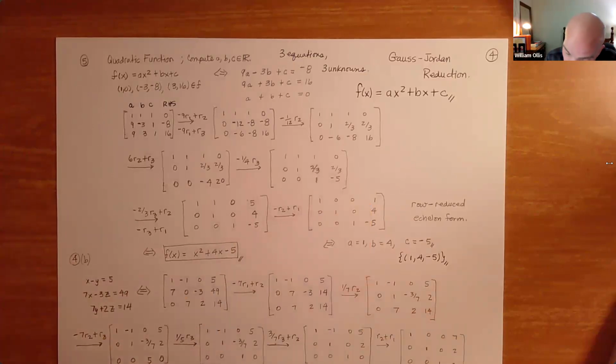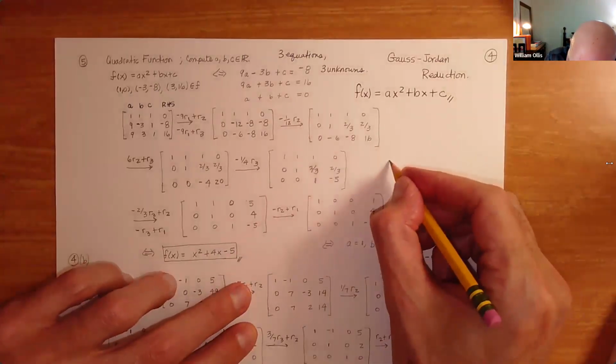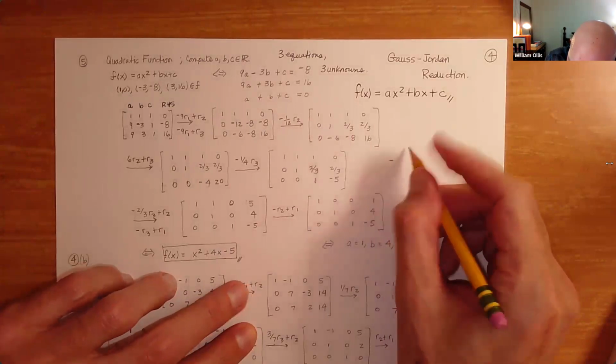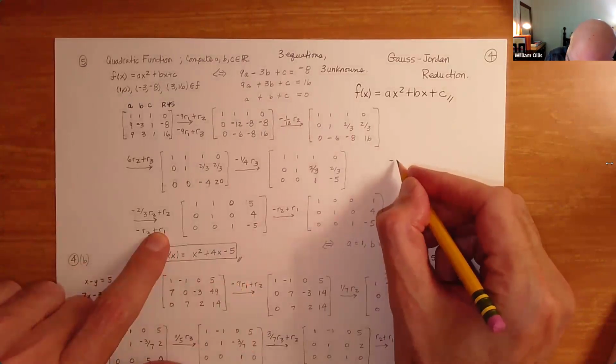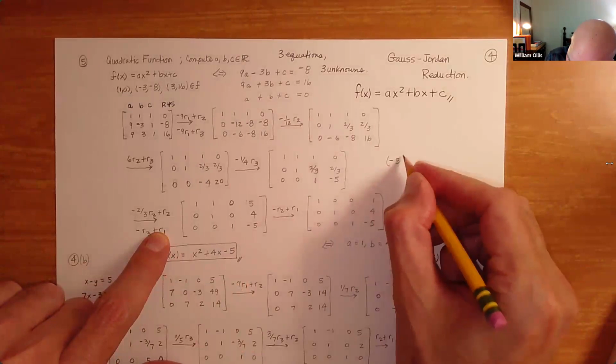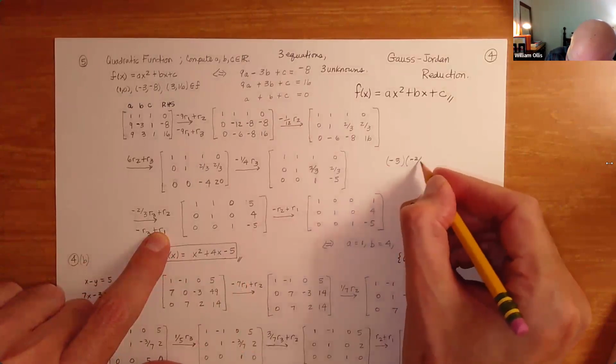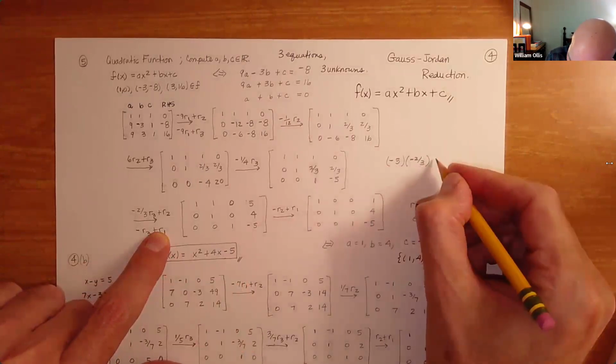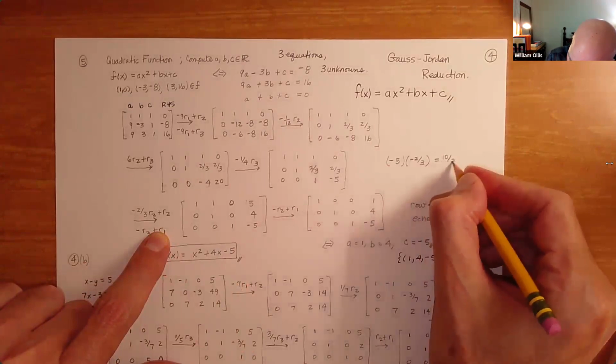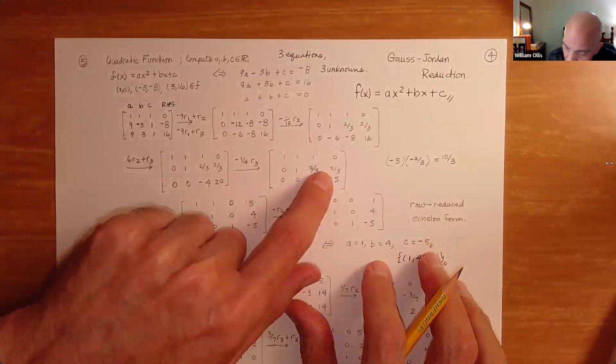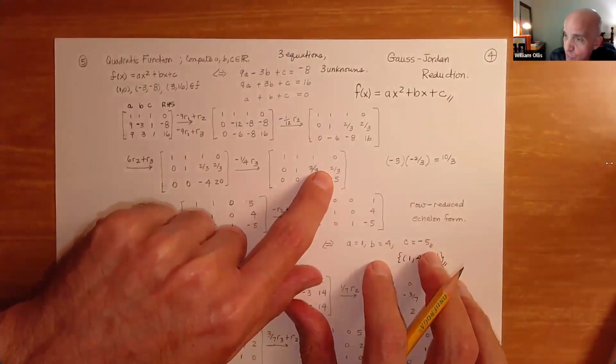Let me write that out. Notice you have negative, in this case, 5 times a -2/3. The negatives absorb and give you 10/3. And then when you add the 10/3 to the 2/3, that gives you 12/3. 12/3 is 4.